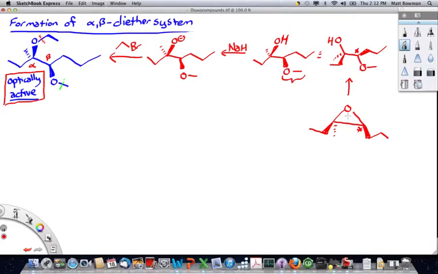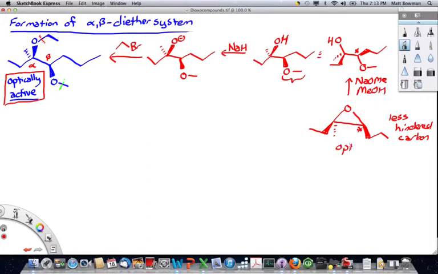Now the next thing you need to do is add your nucleophile. In this case, we want our nucleophile to attack the right-hand carbon, which is the less hindered carbon. So therefore, we want to use basic conditions, sodium methoxide and methanol.